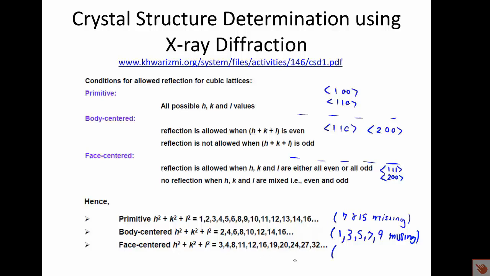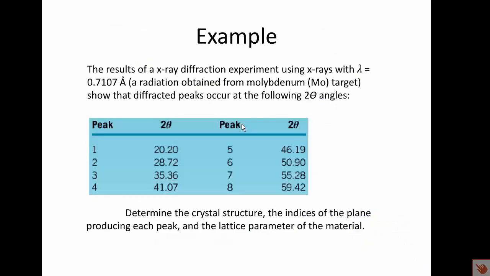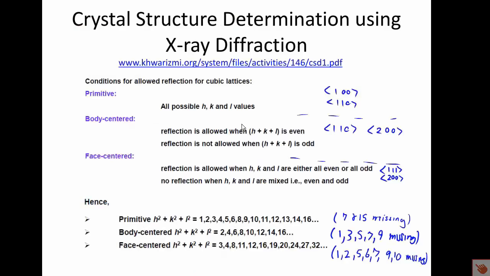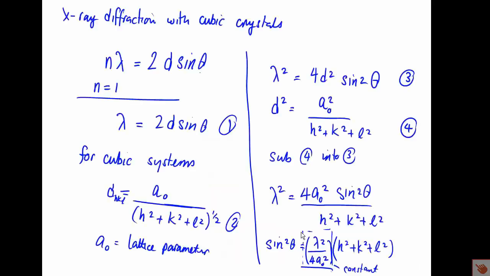In the face-centered, there is no 1, there's no 2, there's a 3, 4, there's no 5, there's no 6, there's no 7, 8, there's a missing 9 and a missing 10, etc. So this gives us some clues of how to identify crystal structure together with this equation here.